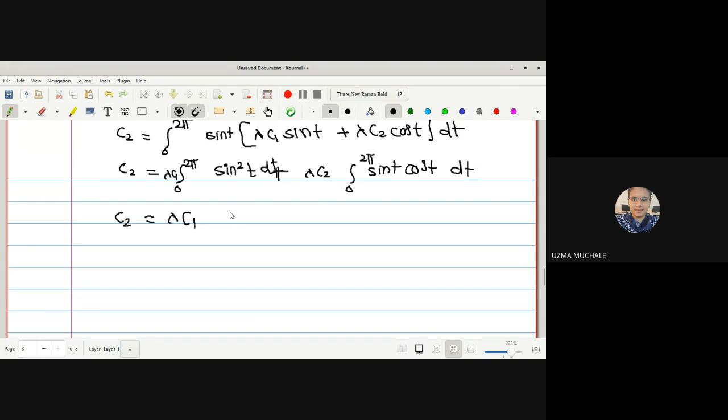Lambda C1 outside, the value for integration is nothing but (1 minus cos 2t) divided by 2, plus this lambda C2 upon 2. I have to multiply and divide by 2 so that I can get the value here. Sin 2t is nothing but 2 sin t cos t. I have multiplied and divided by 2.